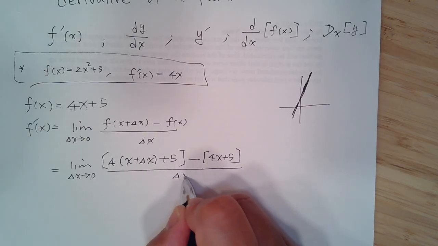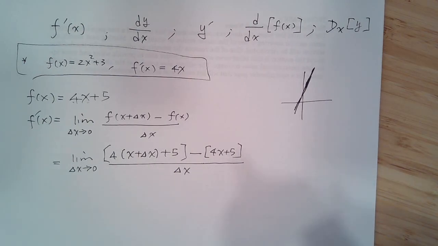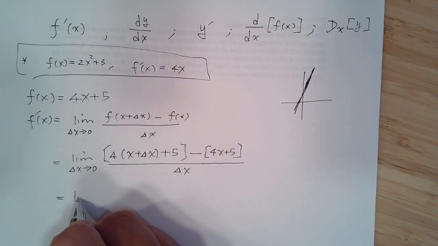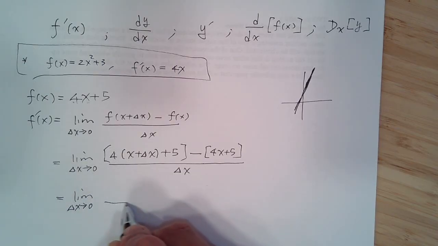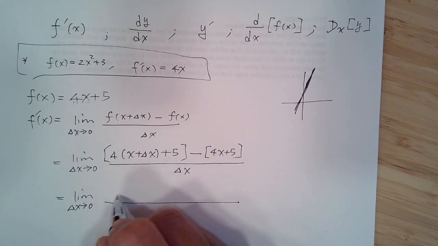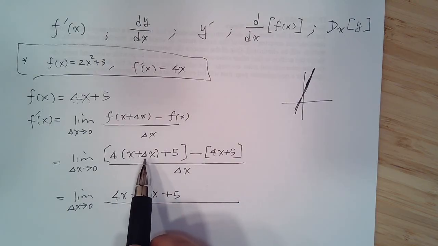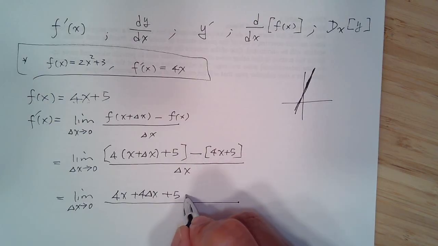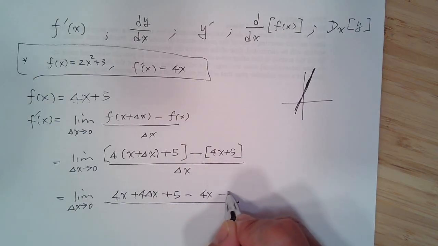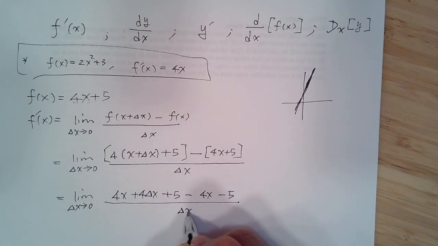You probably already know that we're going to simplify and then cross out a lot of things. So that's a limit as delta x approaches 0, and in the numerator, distribute that. I got 4x plus 4 delta x plus 5. I distribute this 4 into the parentheses, and plus 5. I'm going to minus 4x and minus 5, over delta x.